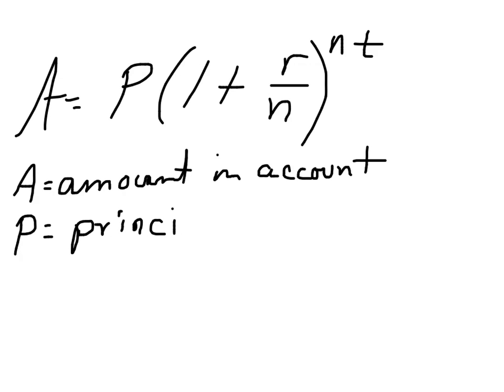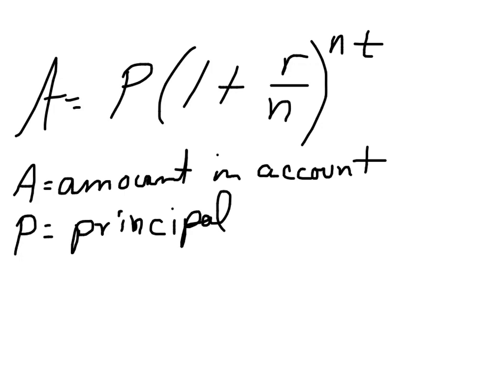What's principal? There's a couple different things for principal. Principal could be the people downstairs, or it could also be the amount of money you start with. That's what principal is for us. Principal is the amount of money that you start with.